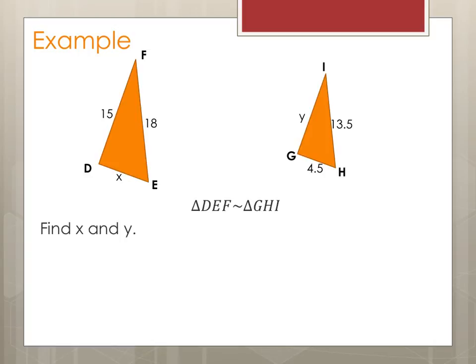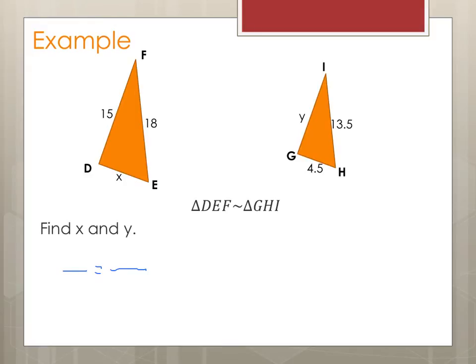Let's start with X. Okay, so we need a proportion, so let's find these two equal fractions over here. The left fraction is going to come from the left triangle, and the right fraction is going to come from the right triangle over here. And we want to make sure that corresponding sides line up across the top and the bottom.